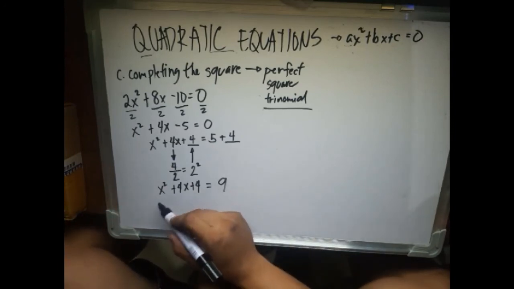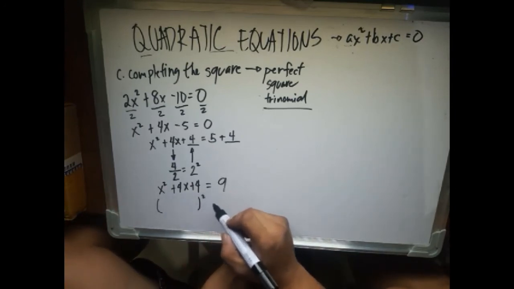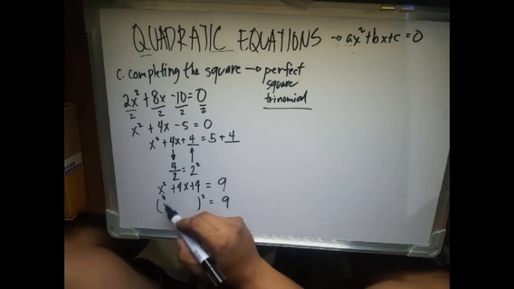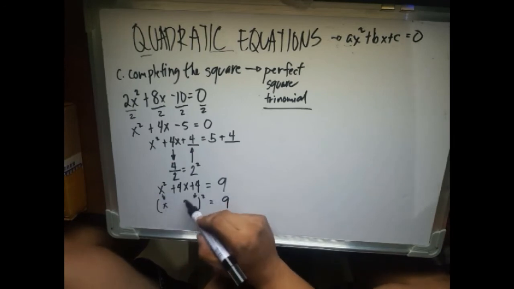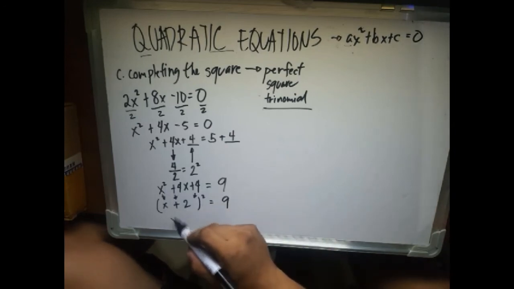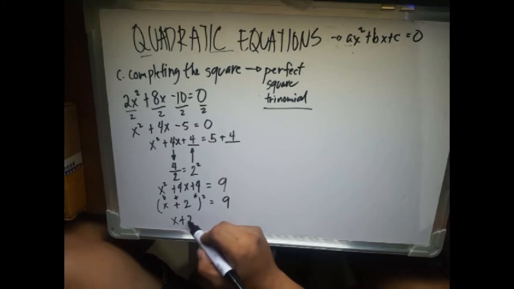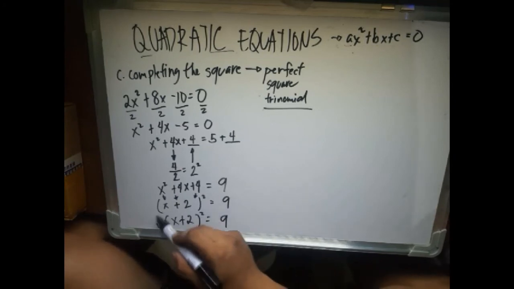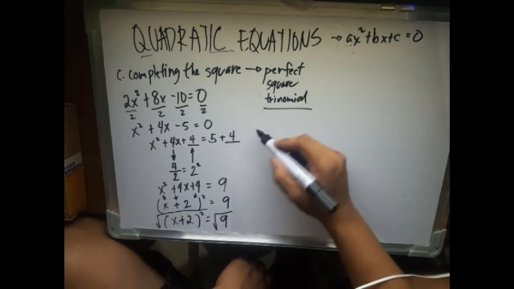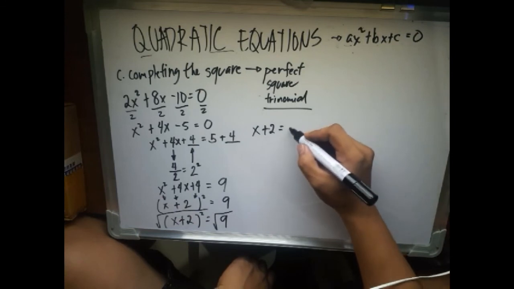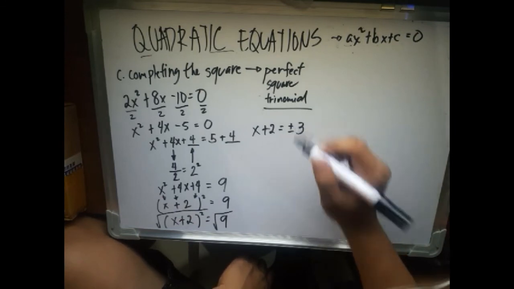Factor natin siya. Factor nito ay square root nito x, square root nito ay 2, sign nito is plus. So, meron tayong x plus 2 squared equals sa 9. Square root natin both sides. So, we have now x plus 2 equals sa square root of 9 is positive, negative 3.